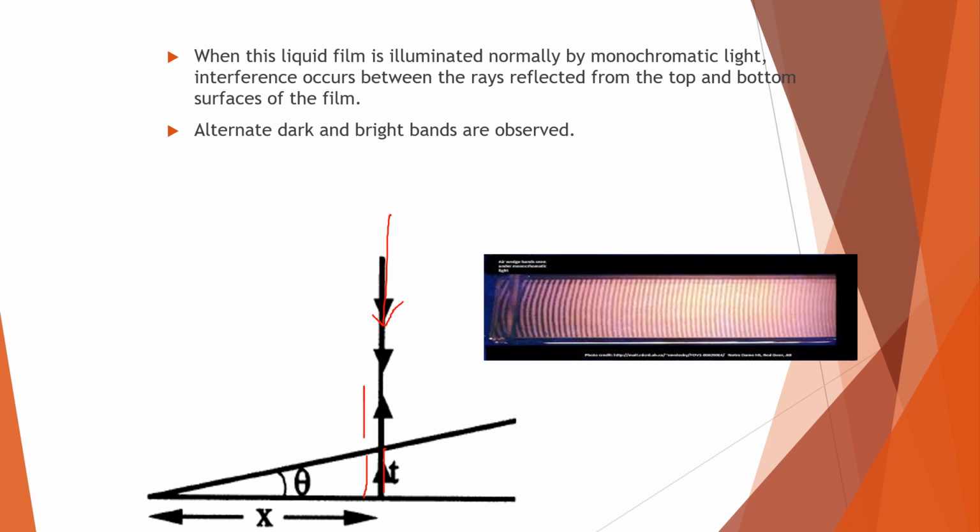Again, here also you may get a dark band for another thickness t''. So for each thickness of this air film, it alternately satisfies the condition for constructive and destructive interference, and you will get alternate dark and bright bands when you look from above.